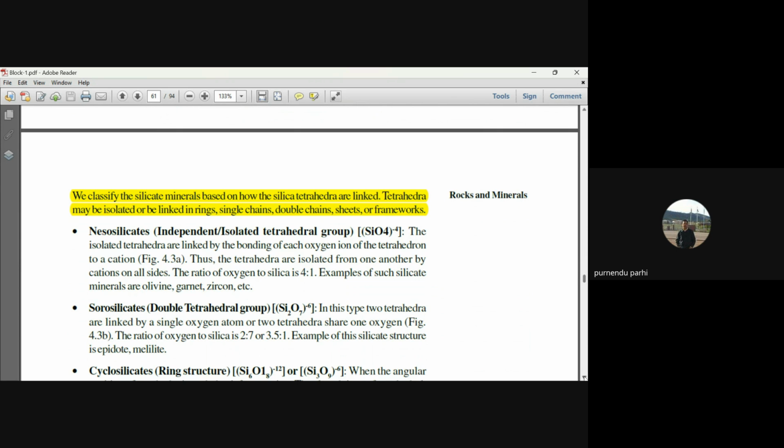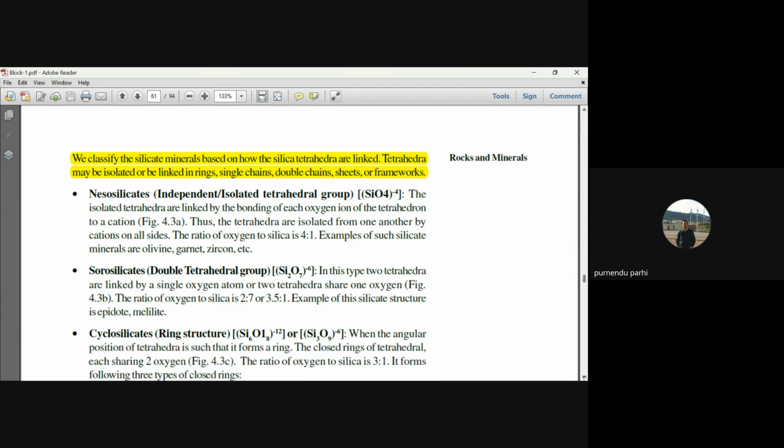Nesosilicates: independent or isolated tetrahedral groups. The isolated tetrahedra are linked by the bonding of each oxygen ion of the tetrahedron to a cation. Then sorosilicates: double tetrahedral groups. In this type, two tetrahedra are linked by a single oxygen atom, or two tetrahedra share one oxygen.